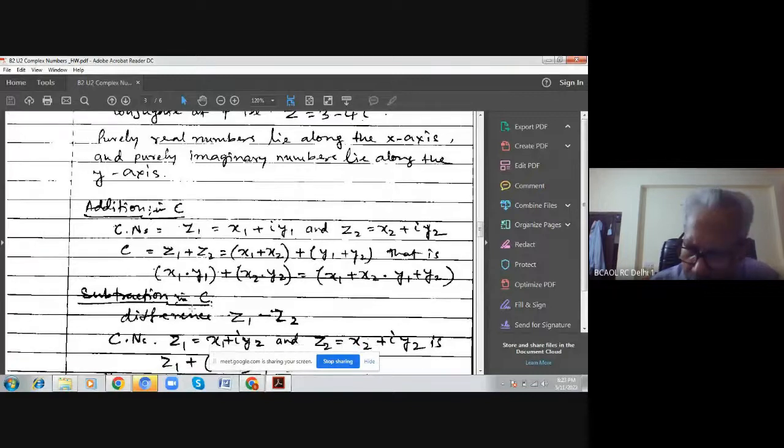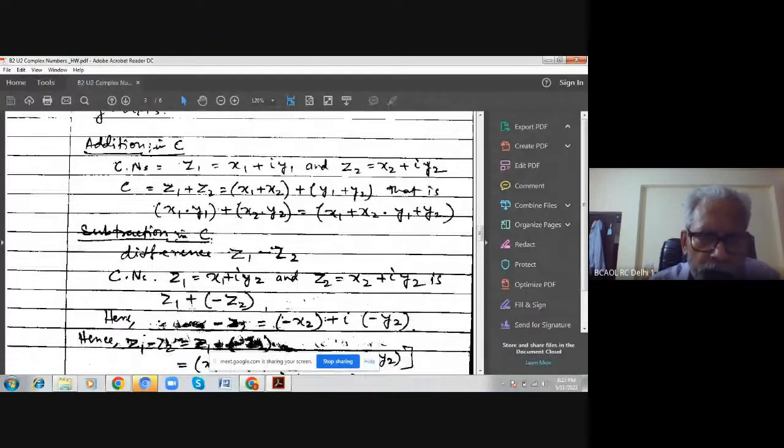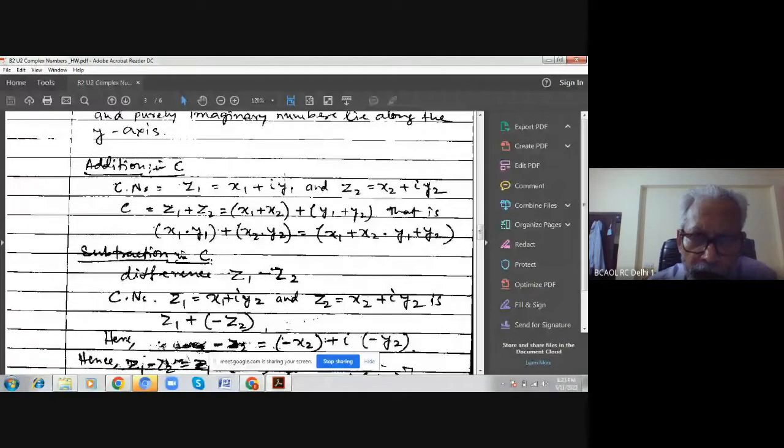Okay. So how to add? Suppose there are two complex numbers, Z1 one complex number and Z2 another complex number. How to add both the complex numbers?